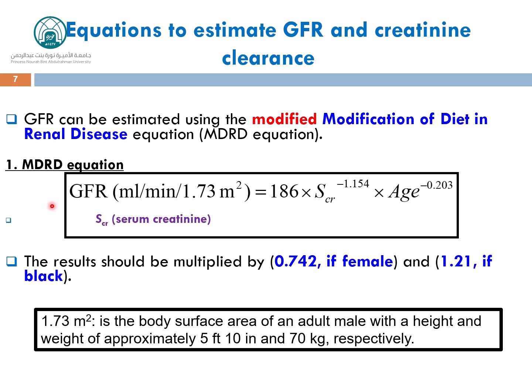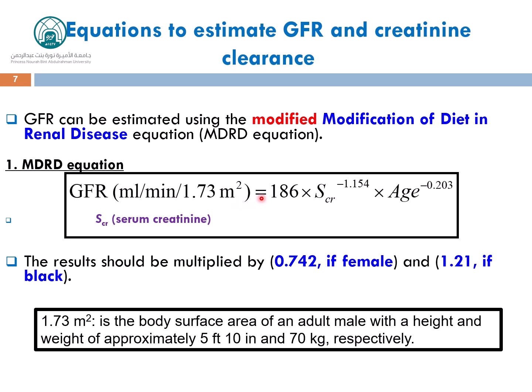Based on the creatinine clearance, we will then make our appropriate dose adjustments. The GFR for the patient will be calculated in milliliters per minute per 1.73 meters squared, which is the body surface area of an adult male.